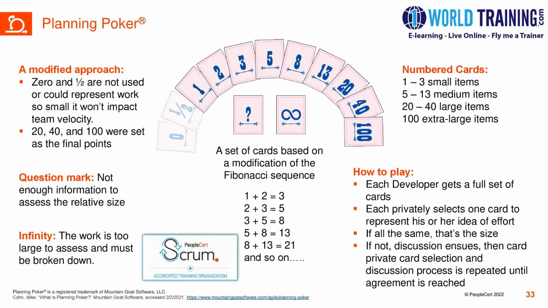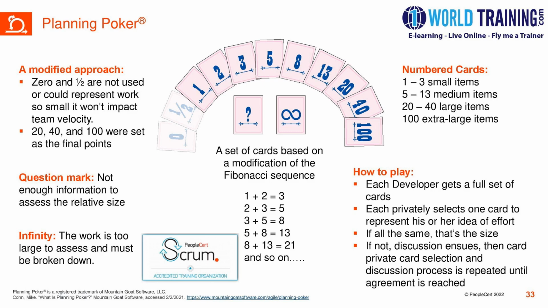When the product owner starts taking each and every story out from the product backlog, they start asking questions, and then they start assigning values to these user stories. As I said, 0 and half are not used as a user story, or if they are used, they refer to an effort which is too small and won't impact the overall team velocity.